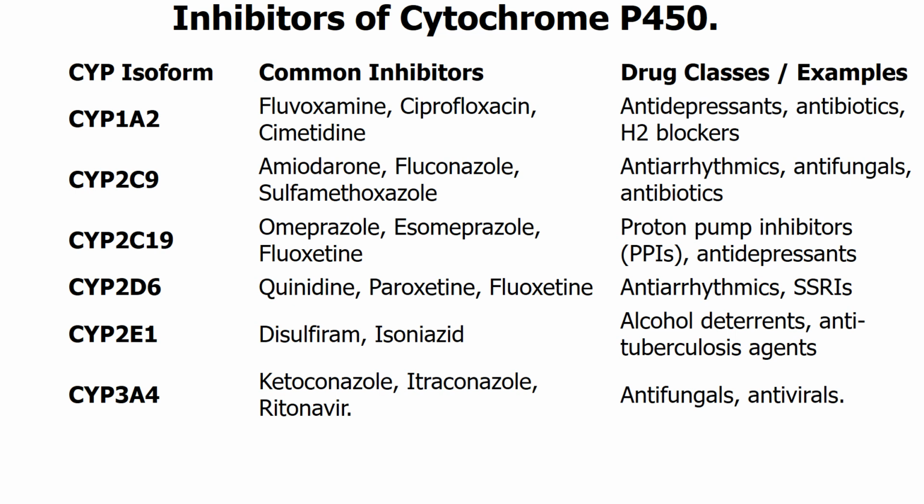Now let's look at inhibitors of cytochrome P450. The isoforms are indicated here. Common inhibitors are also provided. For example, for cytochrome 1A2, these are molecules that can inhibit these enzymes. We refer to them simply as antibiotics.